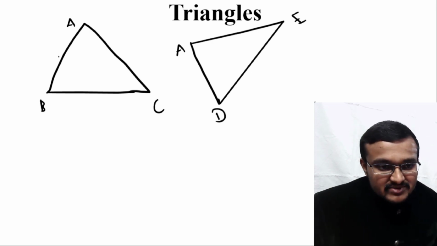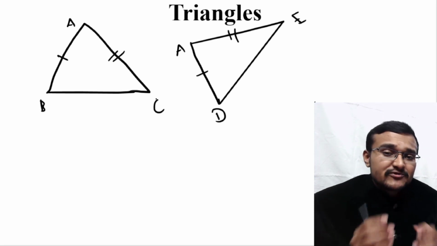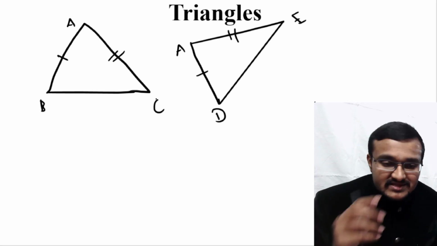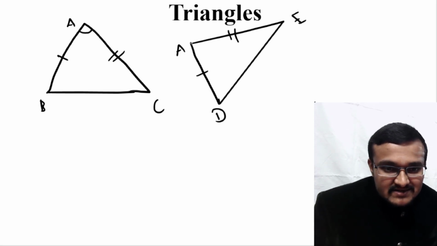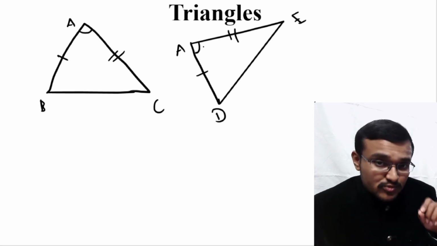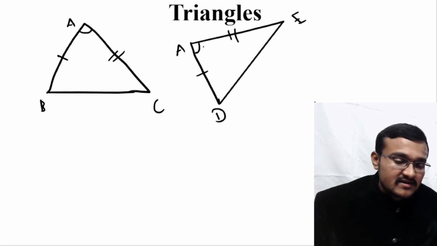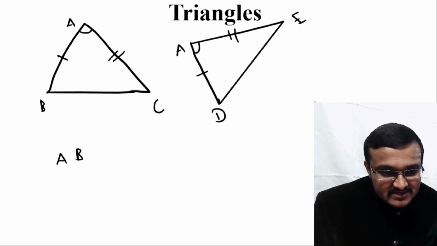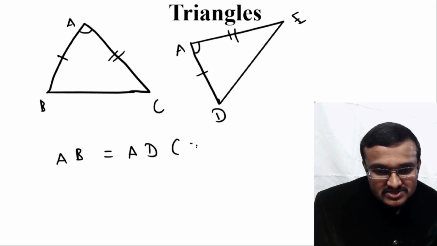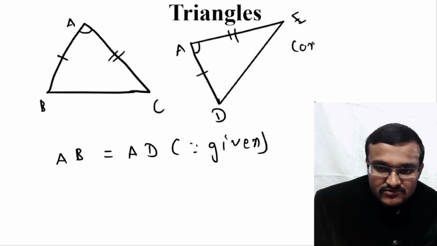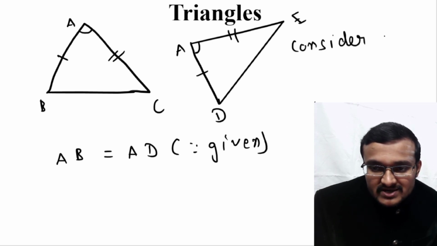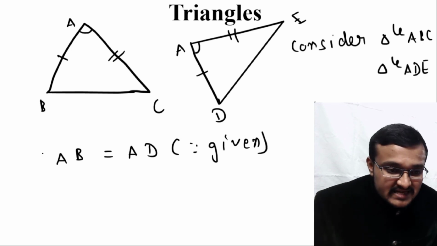So AB is equal to AD, and here AC is equal to AE. Now we have to prove that the angle in between these two sides, this angle and this angle, are equal to each other. In order to prove that, first we will write AB is equal to AD because this is already given. Now we consider triangle ABC and triangle ADE, in which AB is equal to AD.